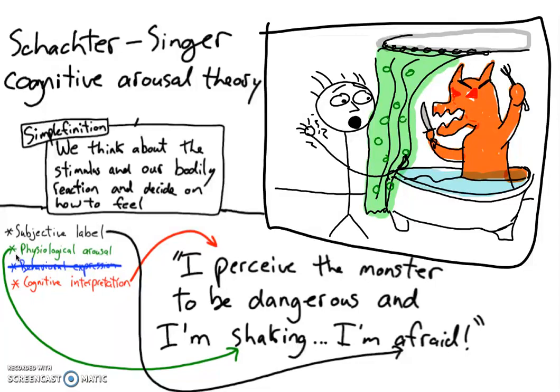So really, they hacked the physiological arousal and provided people with two different situations, and it created two different subjective labels. I think this is an amazing experiment, and it really shows that you can put some science to this and find out more than just these sort of crude guesses like common sense and James-Lange.